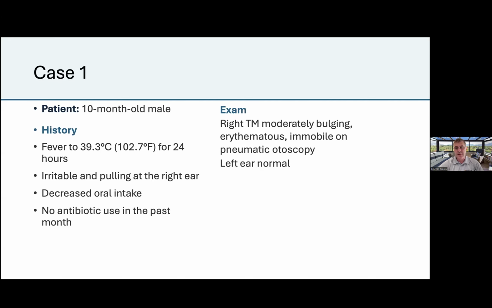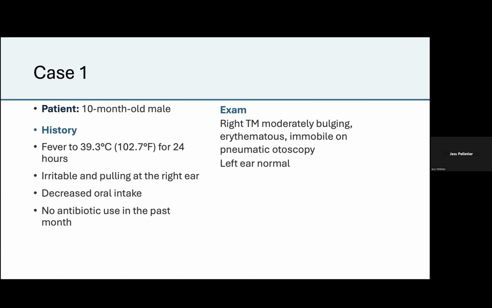Do we classify this as acute otitis media? This is the participation part, by the way. And please feel free to chime in the chat if you don't feel like speaking out loud. We definitely want this to be engaging and bi-directional. What's your diagnosis?